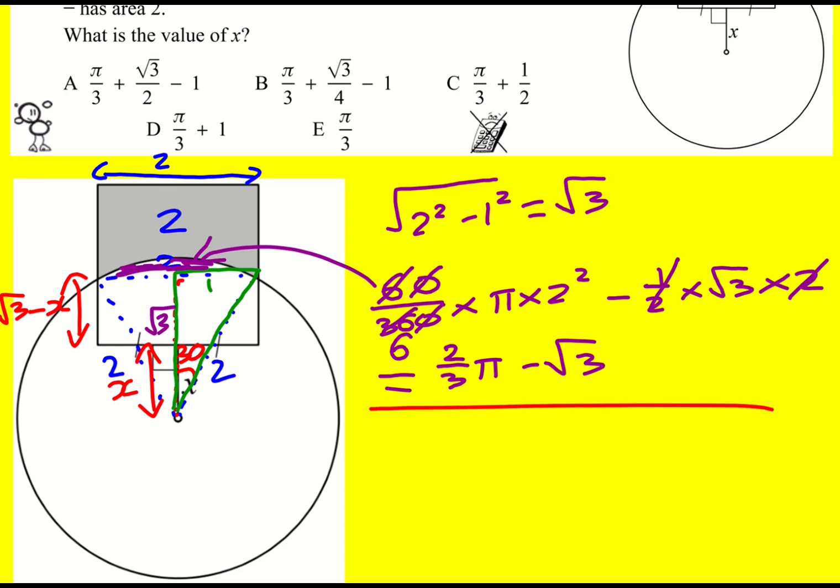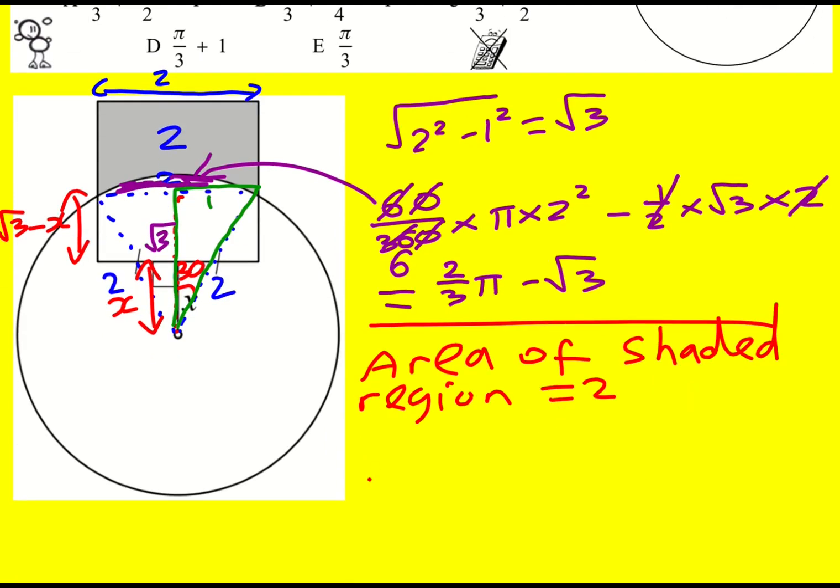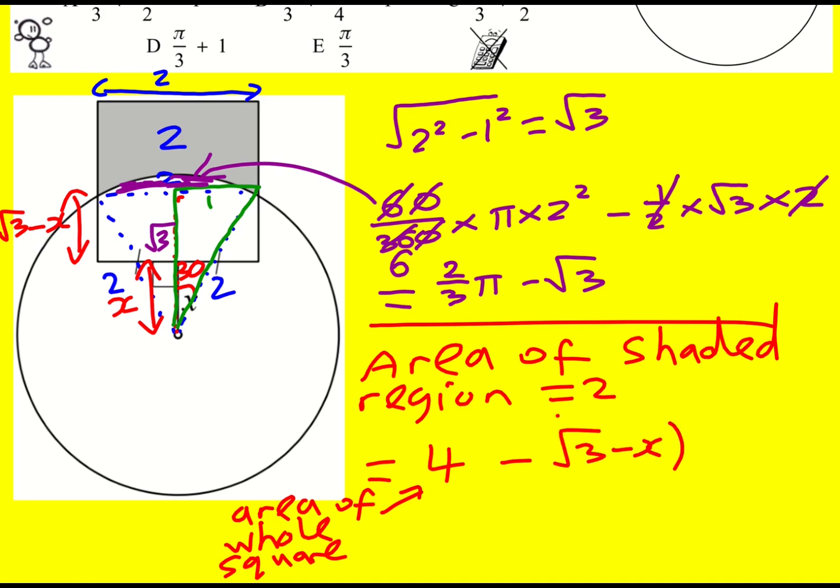So I can basically now use the area of the shaded region, which is equal to 2, but it is also equal to 4, which is the area of the whole square, and then I need to minus root 3 minus x, that's the height, times 2.